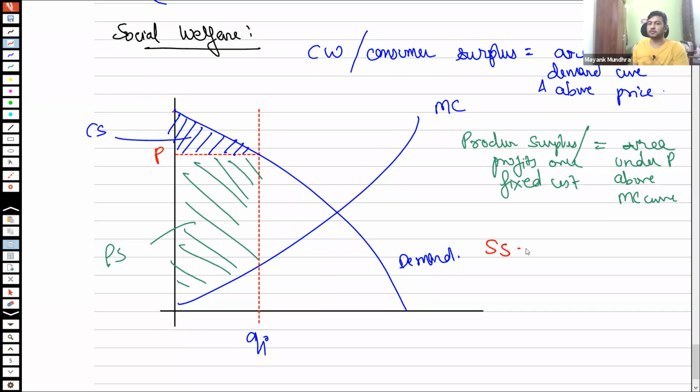Now social surplus is equal to consumer surplus plus producer surplus, which is basically this entire thing. Now, as you increase the quantity produced, suppose this is the quantity produced, then the social surplus will become this much.